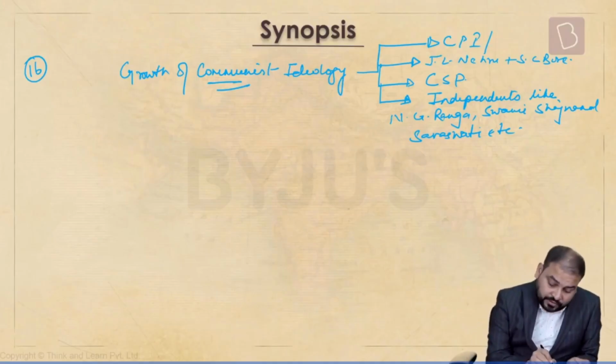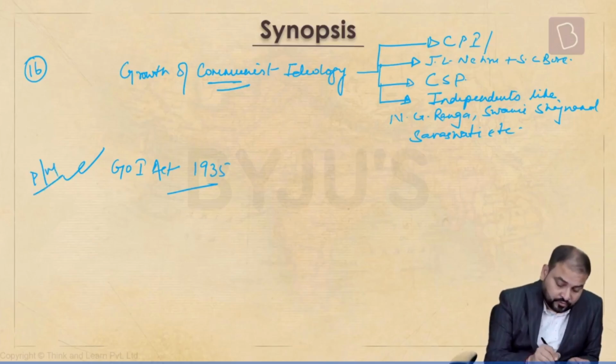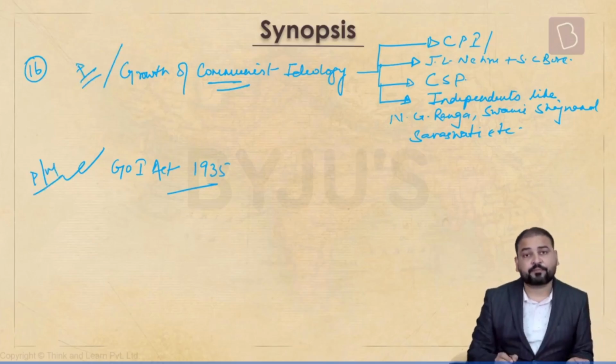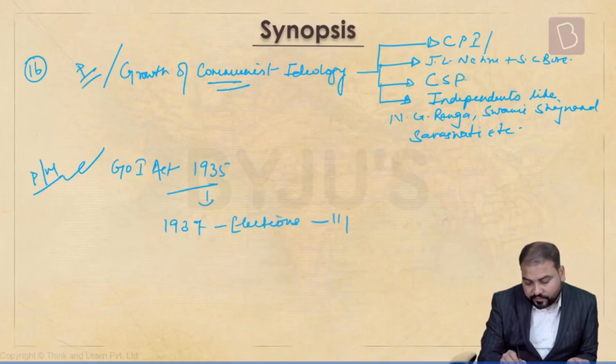Then here only you'll see the government will come up with the Government of India Act 1935. Very important for both prelims and mains. Questions on this in prelims have come in the past. And based on this, in 1937, there will be elections for 11 provinces.